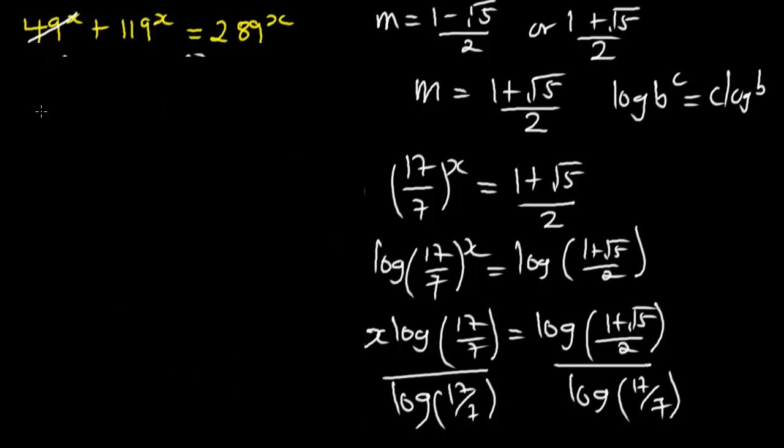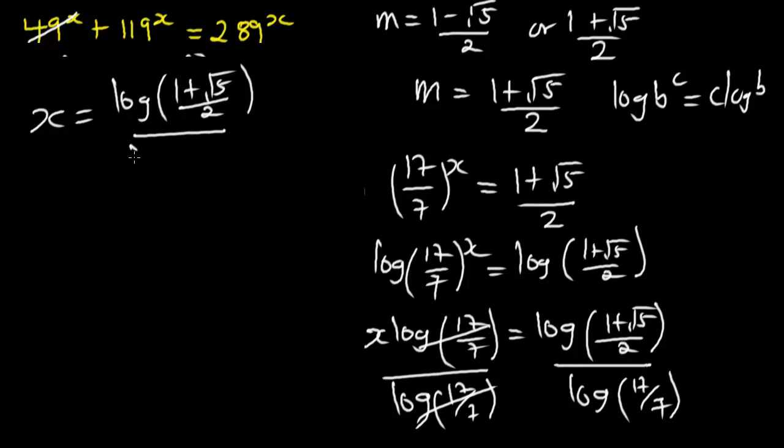So from here, this will take care of this one, so x will be equal to log of (1 plus the square root of 5) over 2 all over the log of 17 over 7.